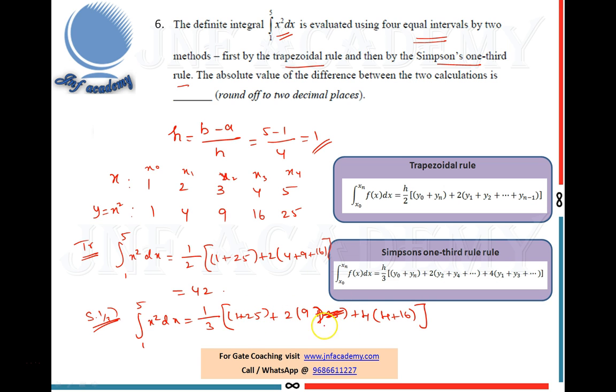Here y4 is the last term, so it is not included in this term. Okay, so finally I got this calculation is 41.333.